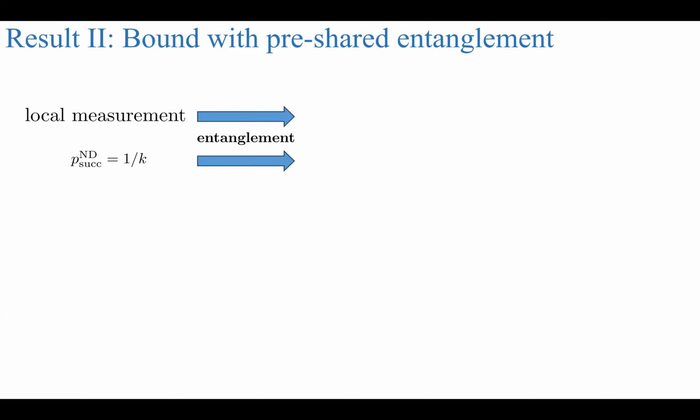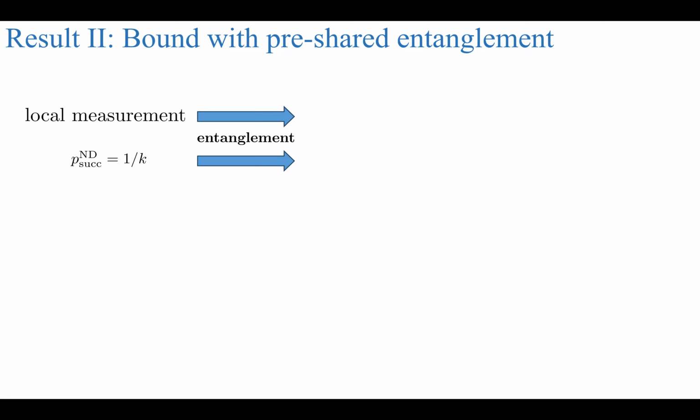And the second window is, let's look at this equation. In the first video we have seen that our bound is 1 over K with local measurement or LOCC without pre-shared entanglement.